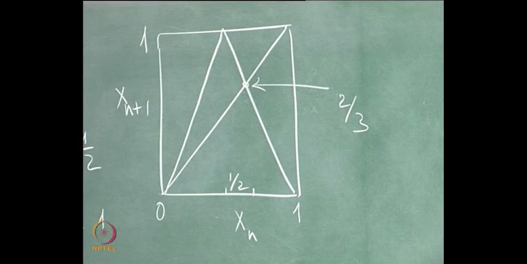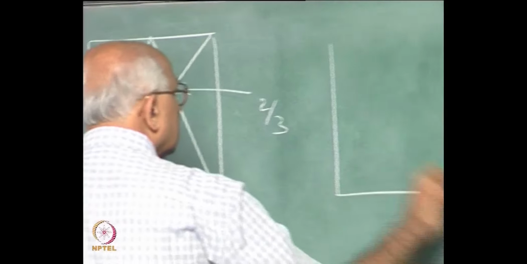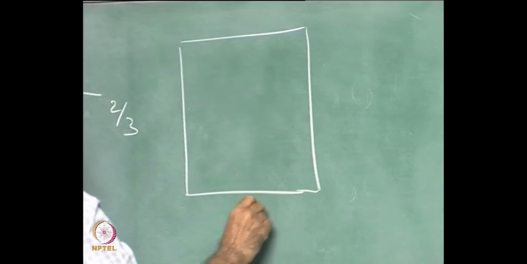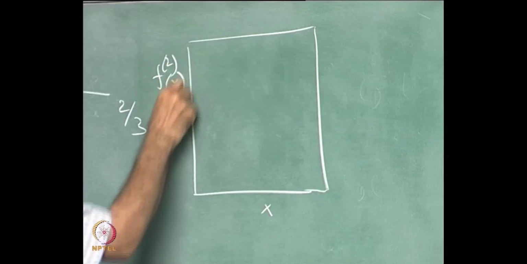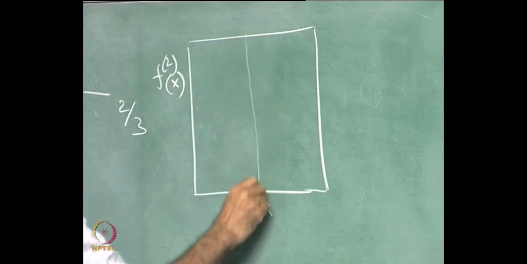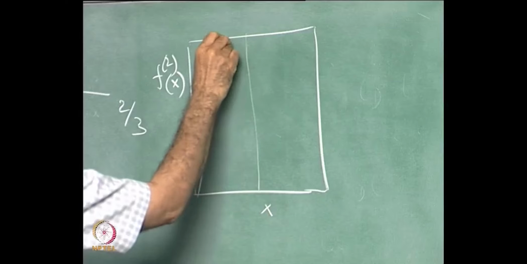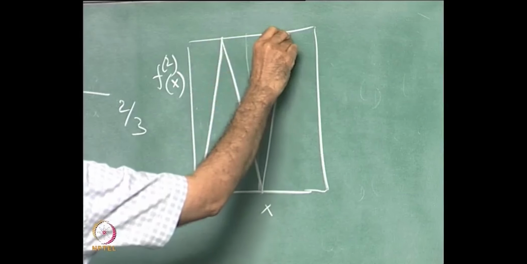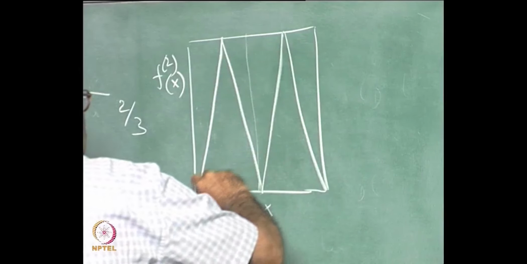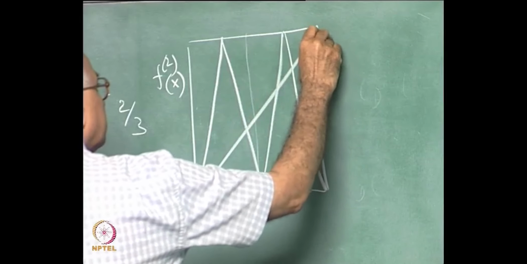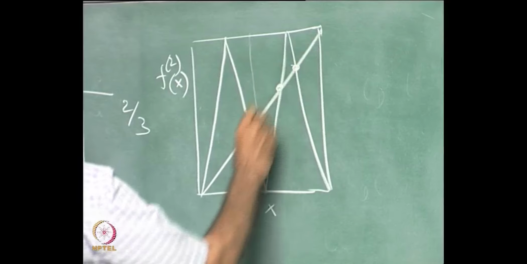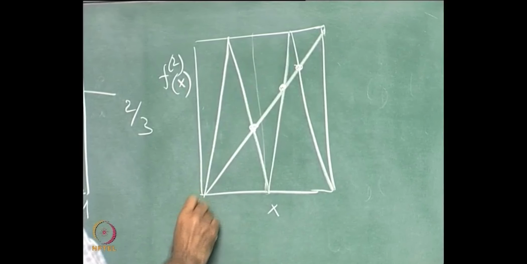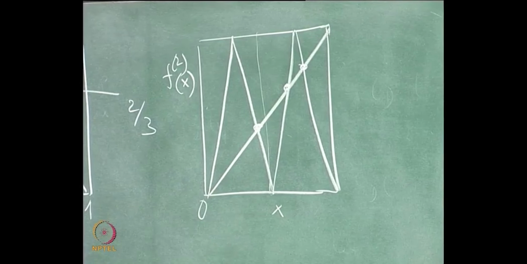What do the iterates of this map look like? Well, if I plot x versus f²(x), this would be something like slope 4, goes up and comes down, and now you once again have the fixed point of the map, then a period 2 cycle between these two points, and an unstable fixed point here as before.